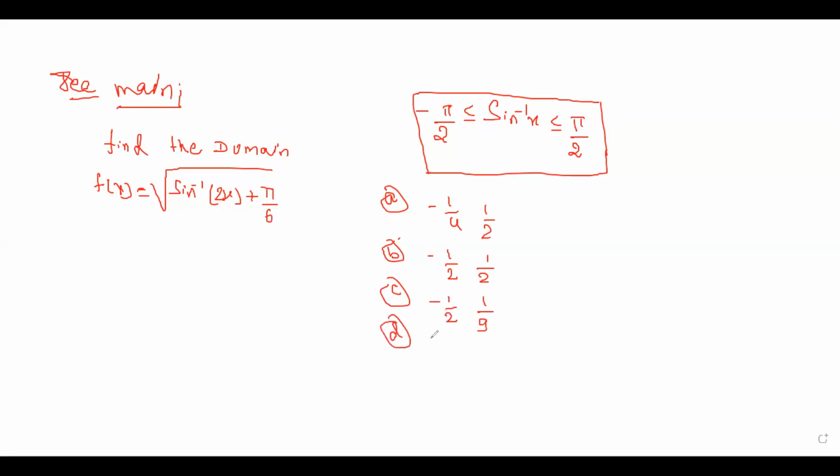D: minus 1 by 4 comma 1 by 2. Take one minute or two minutes and solve it. You can solve it, no problem, this question.